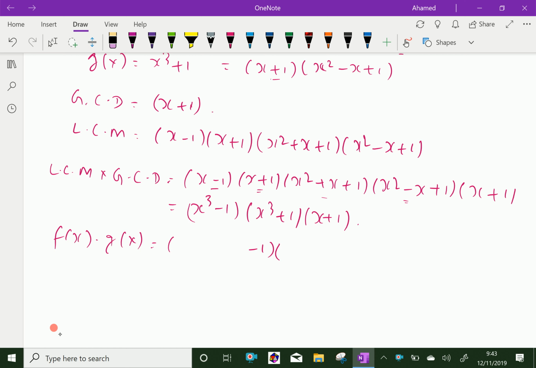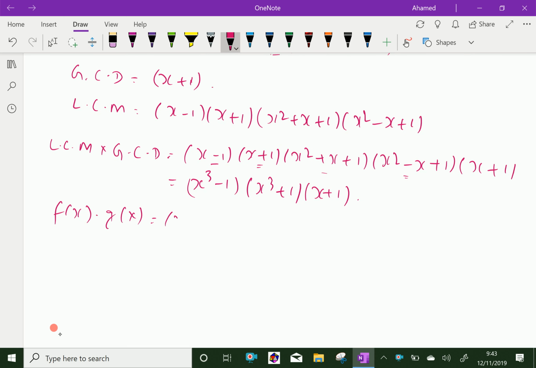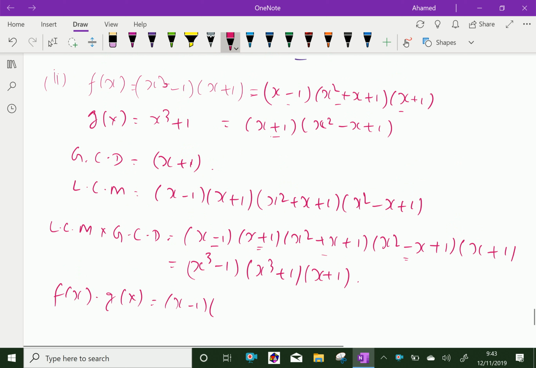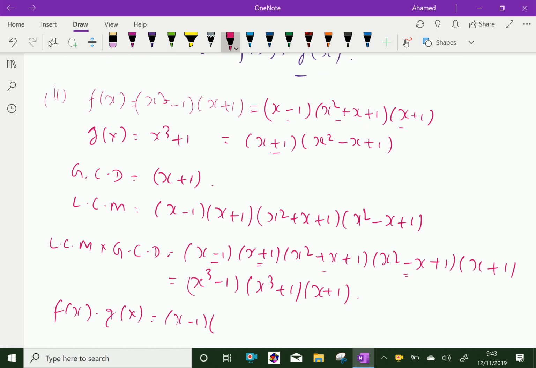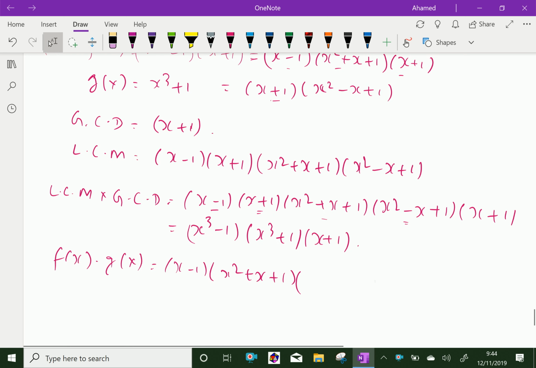First f of x we will write as splitting factors. F of x is x minus 1 into x squared plus x plus 1 into x plus 1.